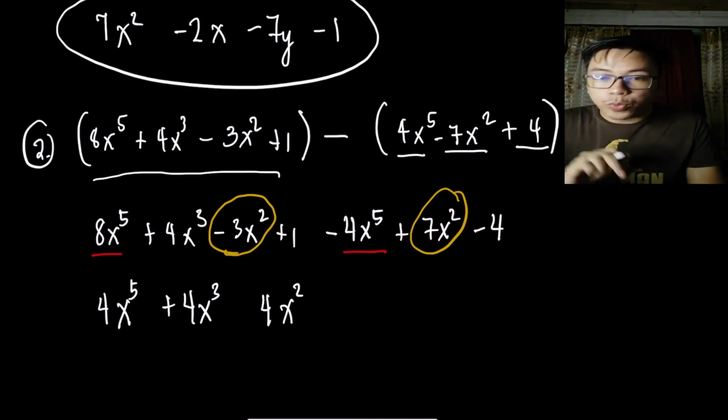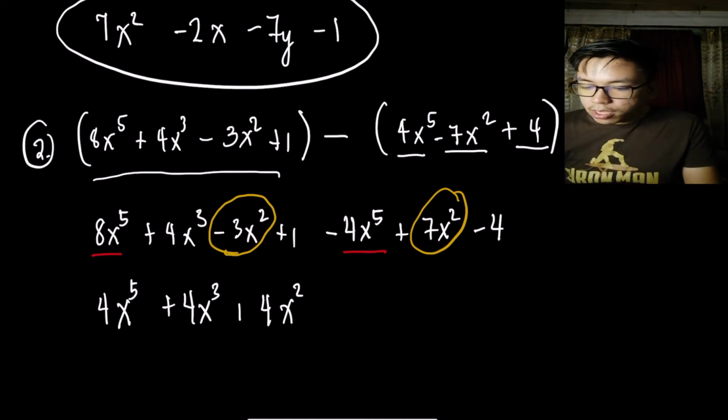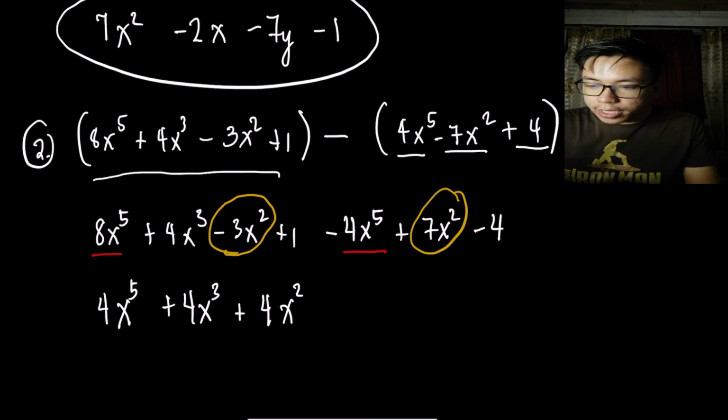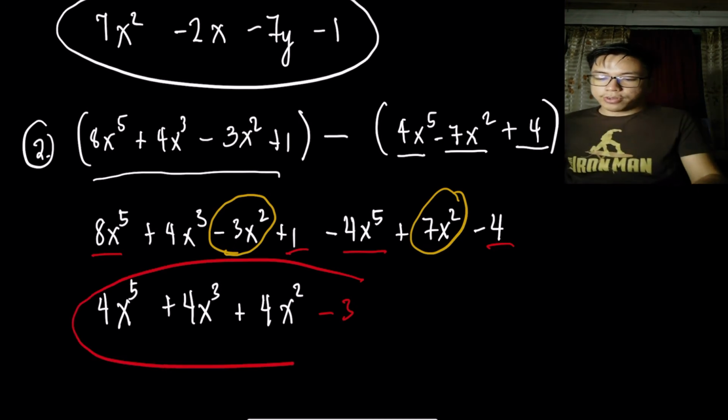And then which one is higher? The positive 7, so that's positive. And then I have finally 1 and 4. So you can have the difference. So you need to subtract, which means you have minus 3. So this is now your final answer.